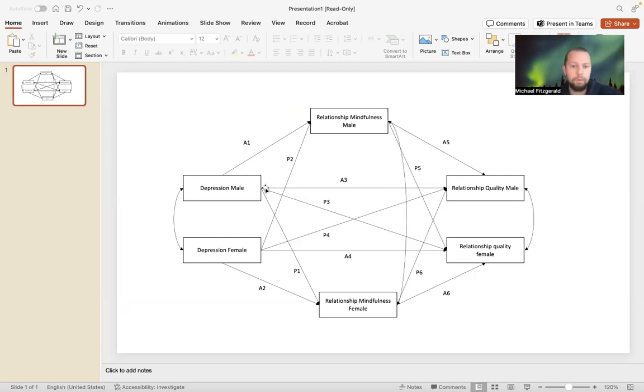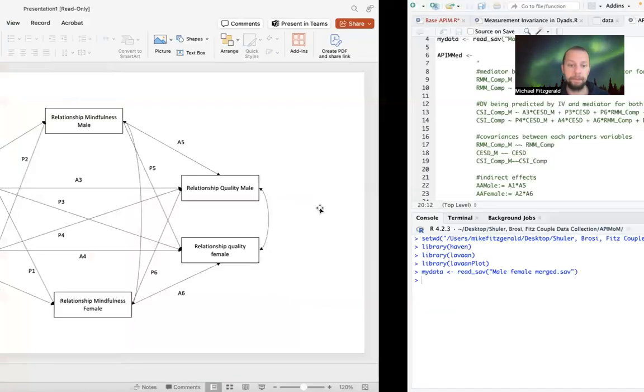So what we will see is that there are actually going to be 8 indirect effects that we can estimate, but we are only going to be going through just a couple of them because the syntax can be a bit wieldy, and once you get the basic idea of how to calculate the syntax, it'll be easy to estimate those other indirect effects.